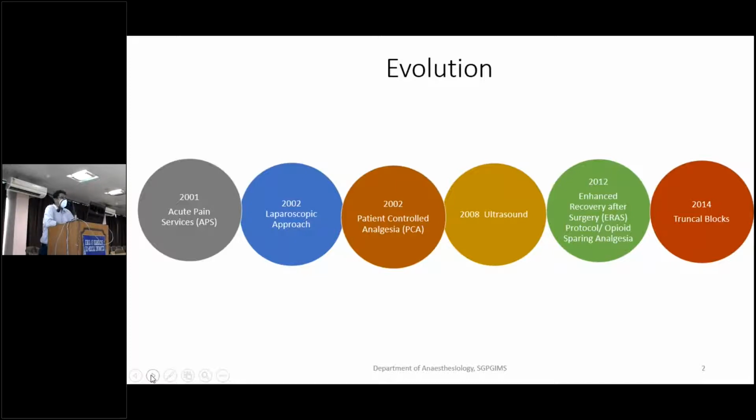In the same year, in 2002, our department started patient-controlled analgesia. Basically, we give the power to the patient to self-administer an analgesic dose whenever he feels that his pain threshold is above his comfort level. This is achieved with the help of a computerized pump. Whenever the patient presses a button, that computerized pump delivers a certain dose of analgesic.